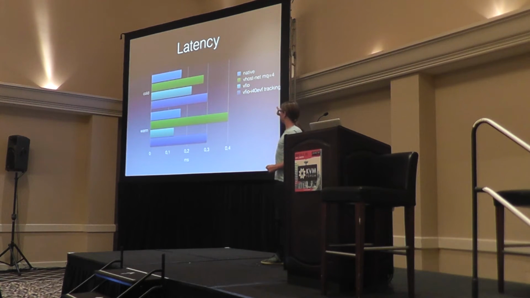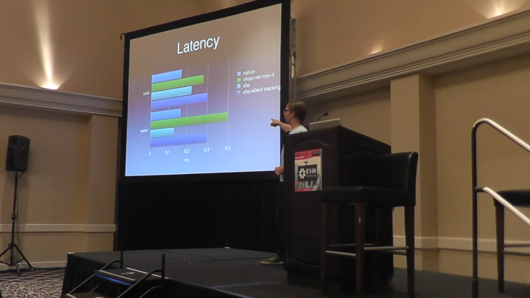But the interesting parts are the vhost net and the tracking VFIO part. So the vhost net cases with multi-queue 4, because if you don't do multi-queue, those bars probably wouldn't even fit in. I got 5 milliseconds, 10 milliseconds, whatever latencies. So you definitely do want to use multi-queue if you're using vhost net. But if you're using vhost net, you're getting pretty good numbers on cold, but pretty bad numbers on warm.